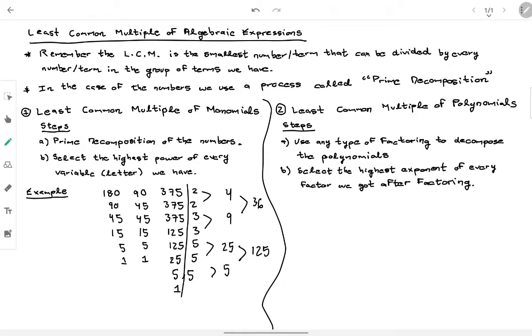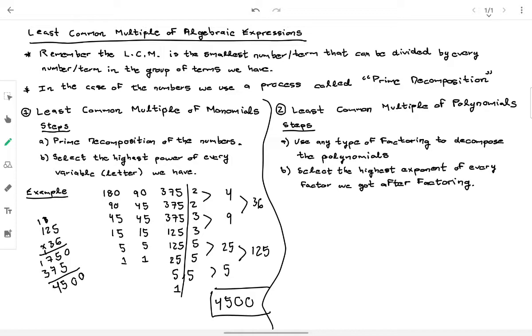So if I multiply 125 times 36, it's going to be 4,500. So the least common multiple between those three numbers is 4,500. So it's only using the prime decomposition in order to know the least common multiple of numbers.